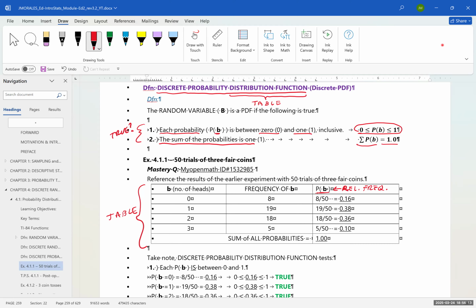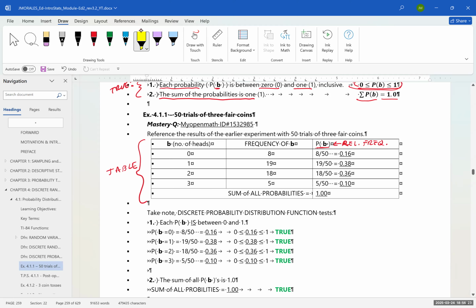And we can test and see whether this qualifies as a discrete probability distribution function. So all of the probabilities have to be between 0 and 1. When you look at each of these, you can see each of these are between 0 and 1. So the probability for when the random variable is 0 is a value between 0 and 1.